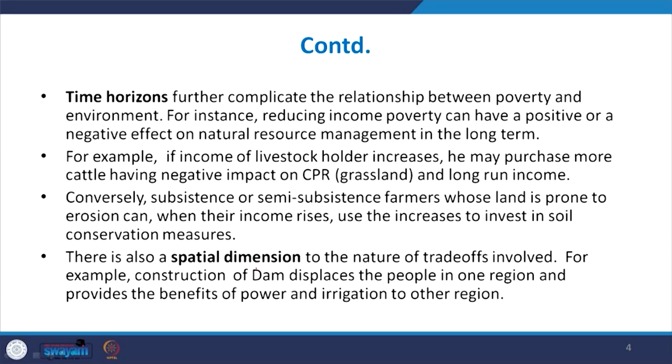There is also a spatial dimension to the nature of trade off between poverty and environment.